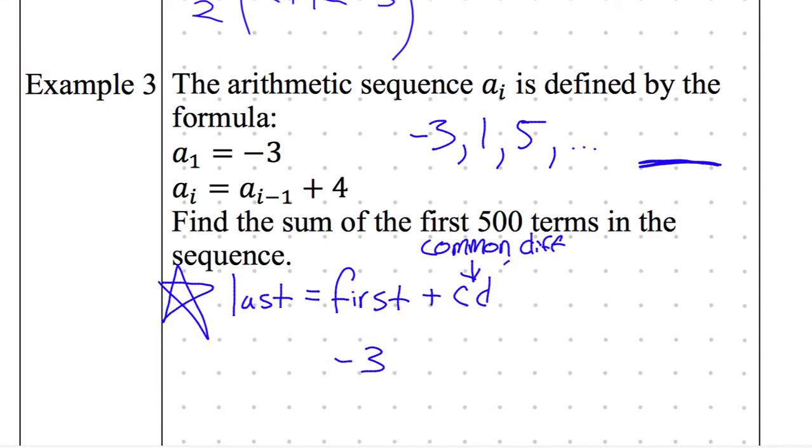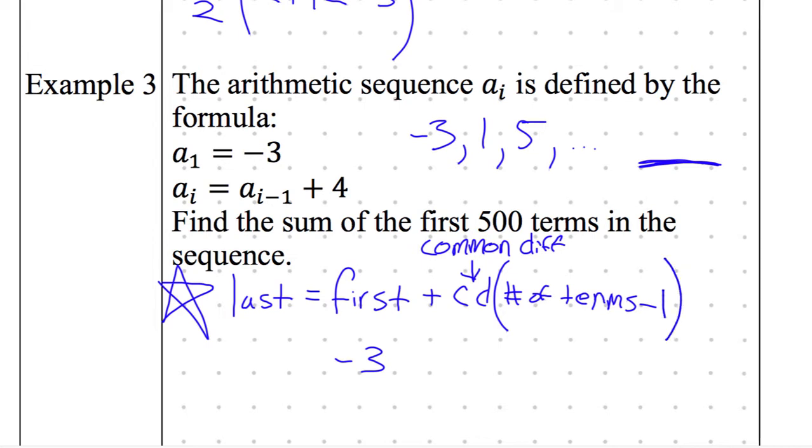Common difference times number of terms. 500 terms. And I forgot, -1. I didn't even write the 1, Mr. Sindel. Come on. Get it together. There it is. Number of terms minus 1.